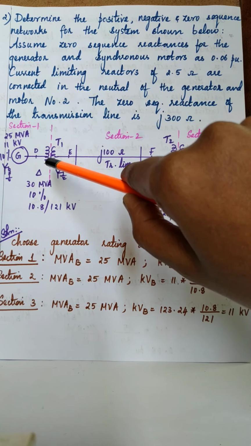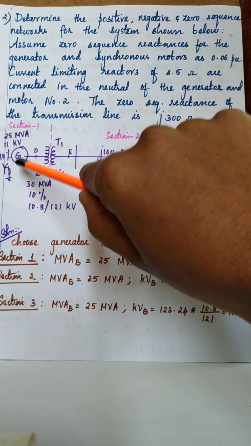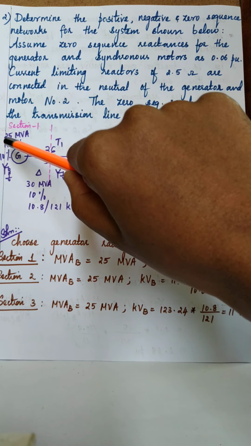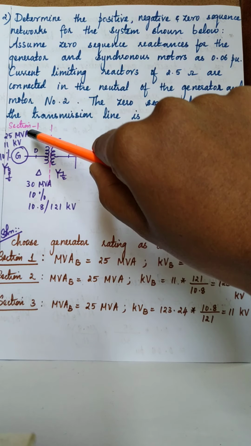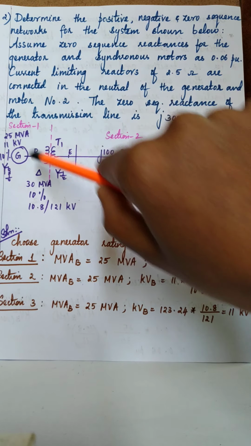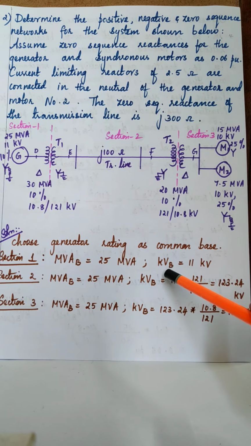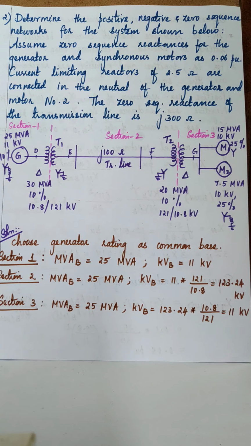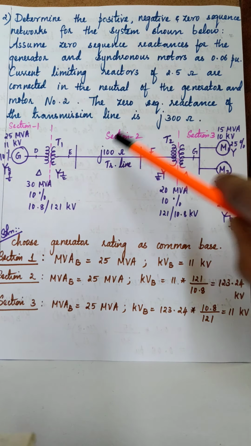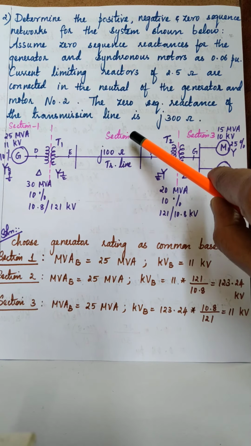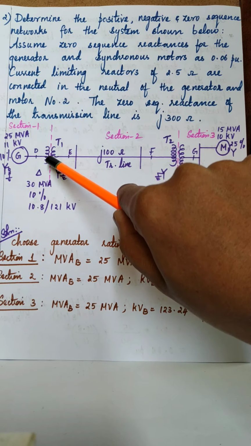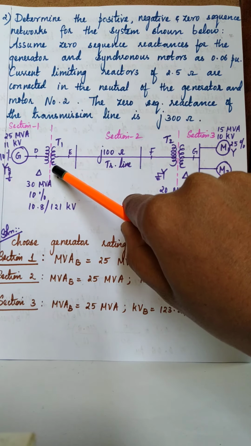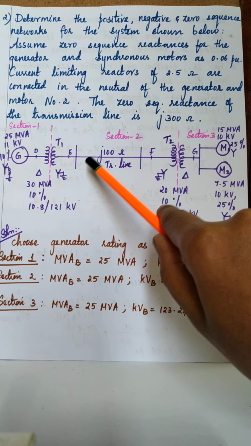So let us choose the generator rating as the common base. What is the generator rating? 25 MVA, 11 kV. So in section 1, MVAB new is 25 and kVB base is 11 kV. Since there is a transformer, in section 2 the base values will differ. Based on the transformation ratio of this transformer, you have to calculate the new kVB in section 2.